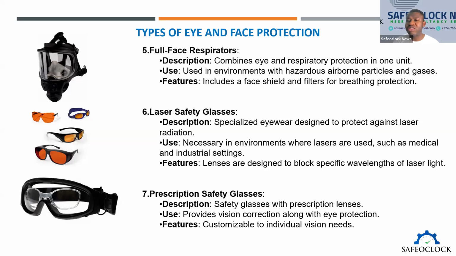So if you are in an industry and you already use prescription lenses, either you use your prescription lenses in combination with safety goggles, or you specifically go for prescription safety glasses, so that you have that double protection and the correction at the same time. So it comes customizable to individual vision needs. It's not something that you just go and purchase. You have to customize it based on the type of eye problem you have.